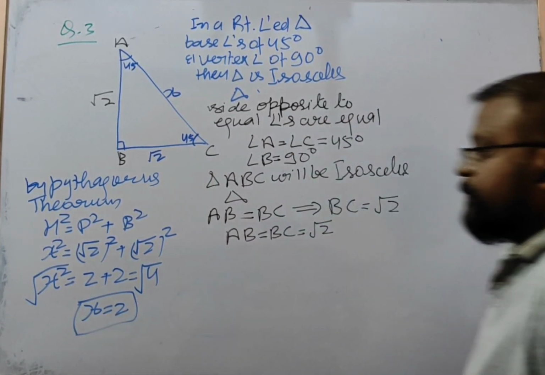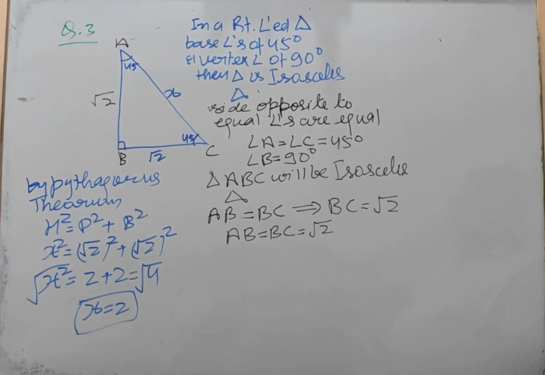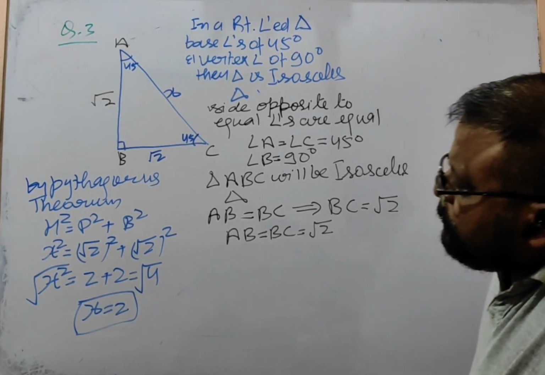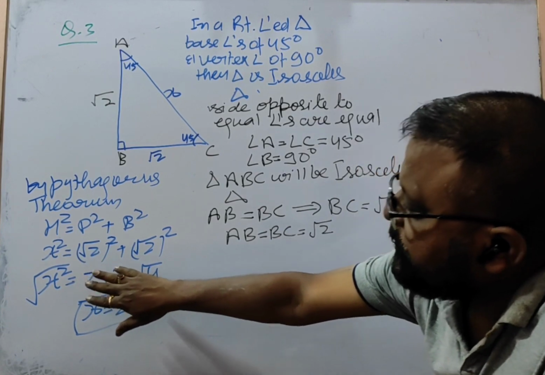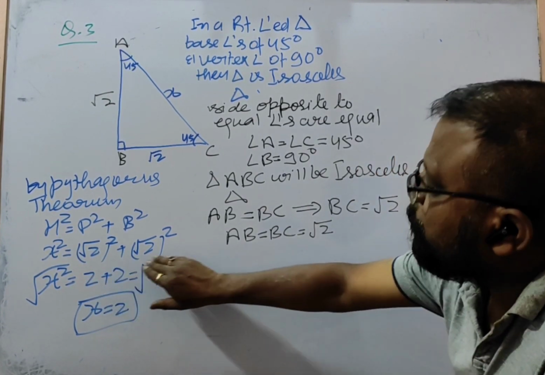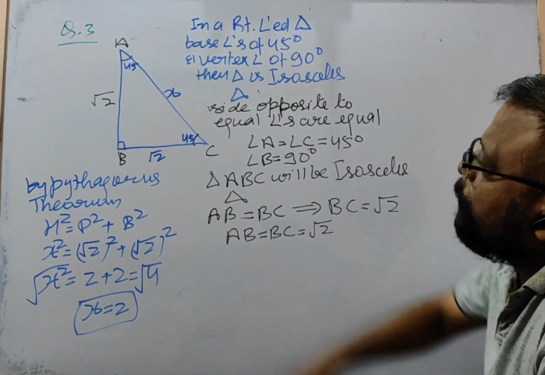Get it? x square is equal to root 2 whole square plus root 2 whole square. Both sides are equal.